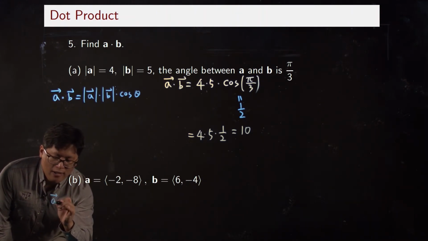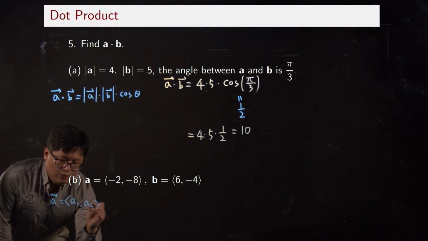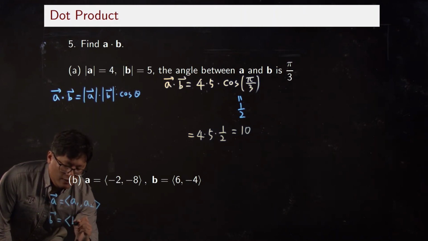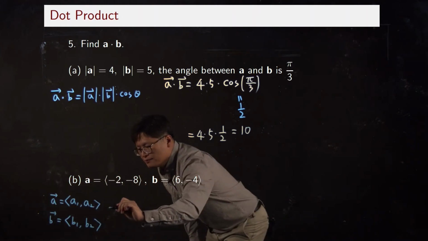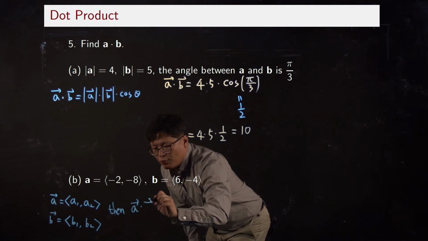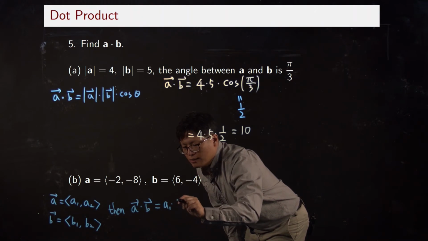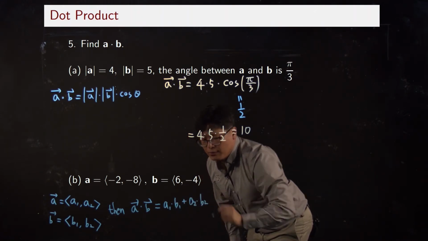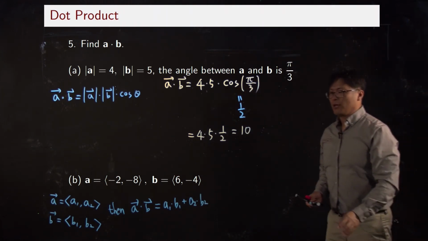Let's say vector A is (A1, A2), and vector B is (B1, B2), which is component form. Then the dot product of A and B can be calculated by A1 times B1 plus A2 times B2. This is the second formula for dot product. There are only two formulas.